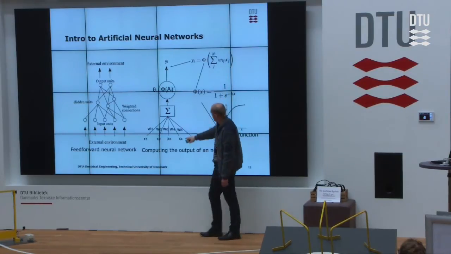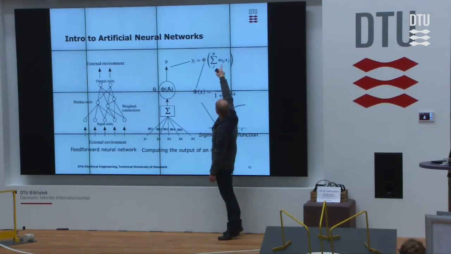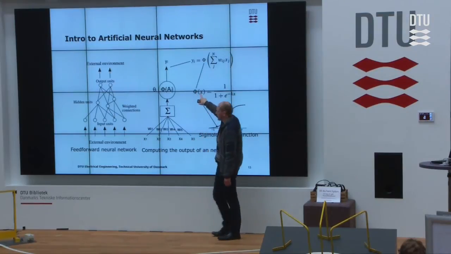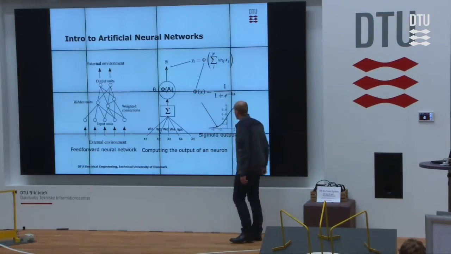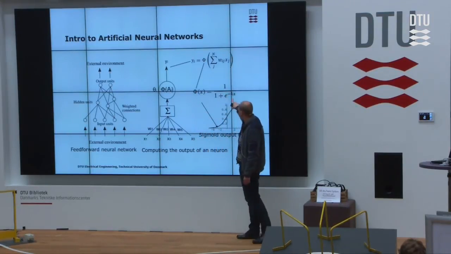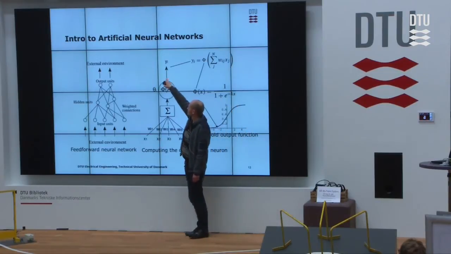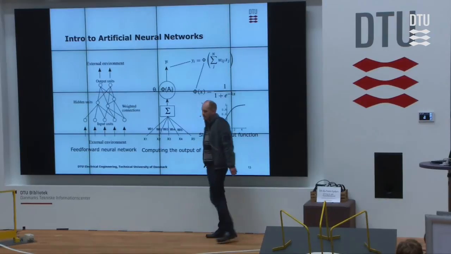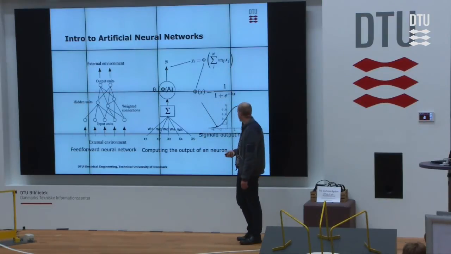So x4 here, xj here, multiplied by the weight value, the sum of that, and then you put the sum inside something called a sigma function, which looks like this. So the x value here goes there, and this is a constant. And then you create the output of the neuron, which is then fed into the next neuron, for example. So this is a very basic model of artificial neural networks.